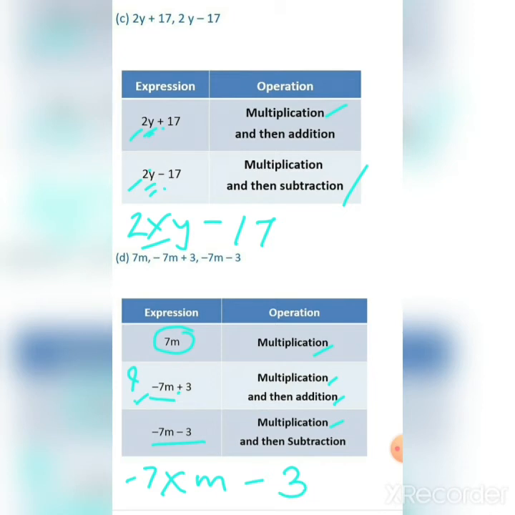So this multiplication sign is for this one, and then minus is showing the subtraction. So hope you understood this question properly. Now let's move to the next question, which is very interesting, and you have done this type of question in your previous class also. So let's do it.